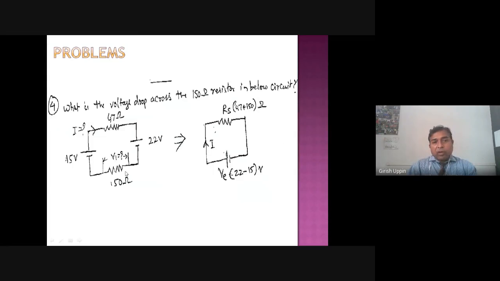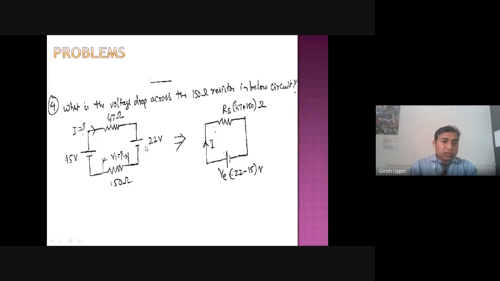So effectively, because the same current is flowing through both the resistors, these resistors are in series. And we know that when two resistors are connected in series, their effective resistance is the sum of their resistances. Therefore Rs is equal to 47 plus 150, that is the total resistance of the circuit, which is 197 ohm.